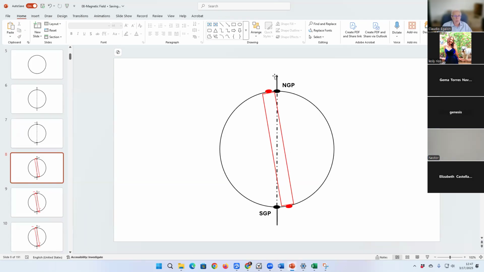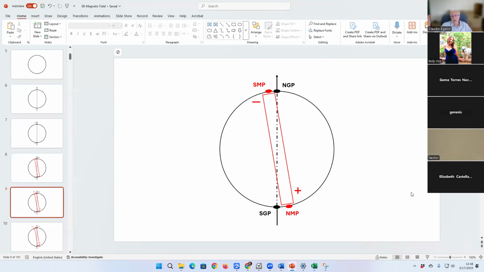Although those two poles are very close to the north and south geographic pole, they are inverted. We are at a moment in the Earth's history that the north magnetic pole is nearby the south geographic pole, and the south magnetic pole is nearby the north geographic pole. Okay?